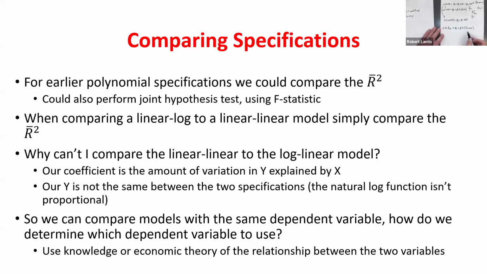What is going to be true about some people's income? What's the lowest income I could have? What happens if I try to take the natural log of 0? If I try to run this, it'll create a missing value, and it'll basically run the regression but drop all of those observations where income is 0.